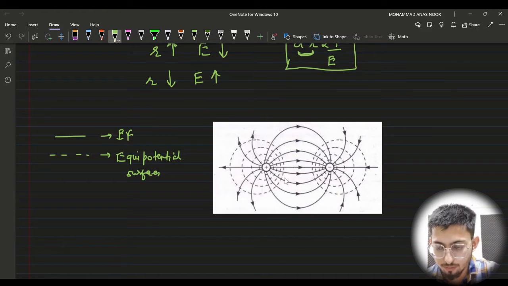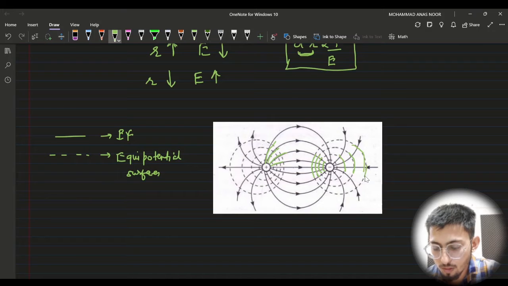These circles represent equipotential surfaces. As you can see, these lines are close apart, right? And these dashed circles are close at this point, and they are farther away at the other.